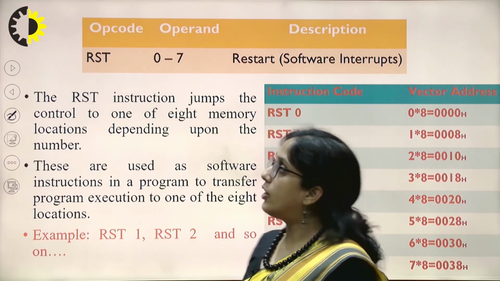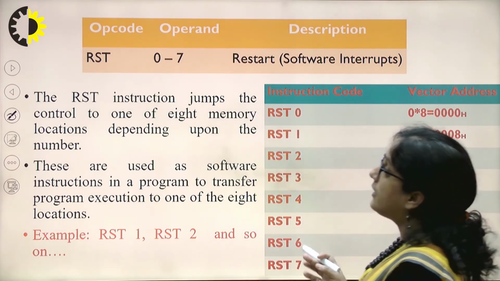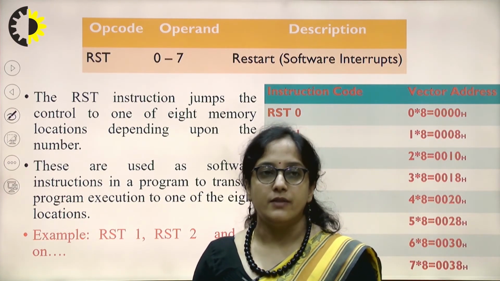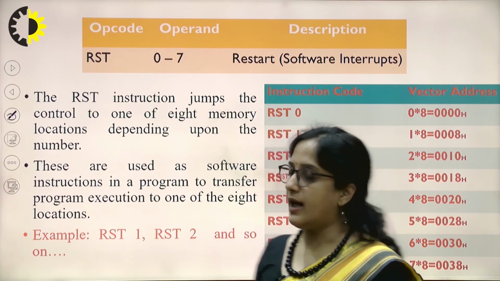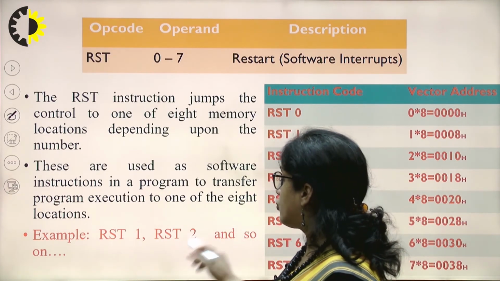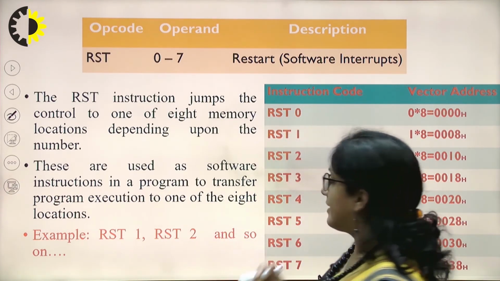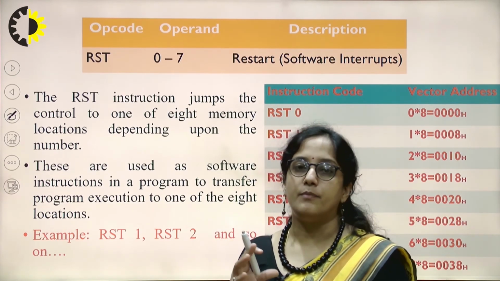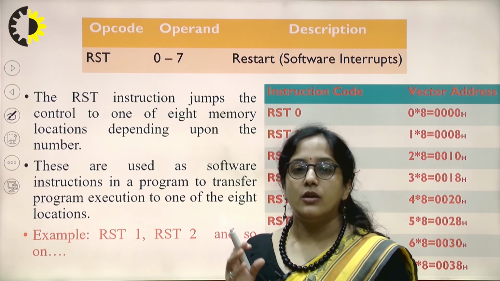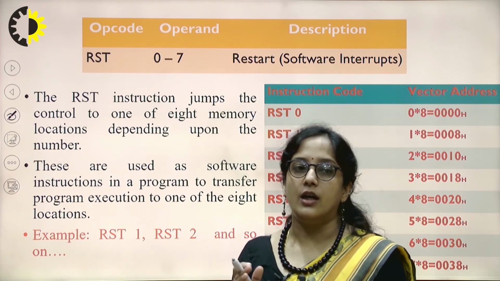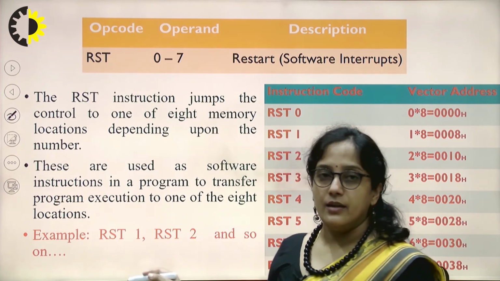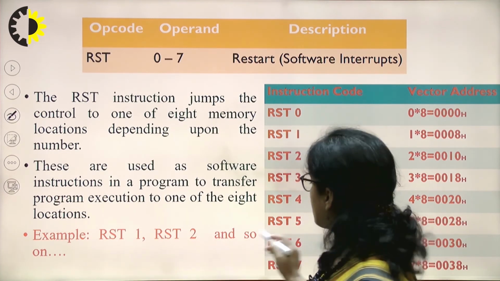But we also have 8 software interrupts, which means whenever an instruction like RST1 or RST2 or RST5 or RST6 is executed, a particular set of program gets executed.